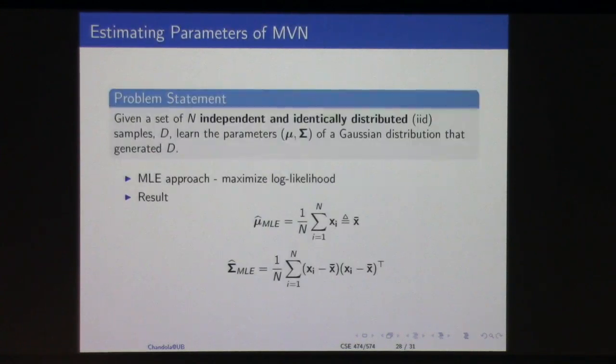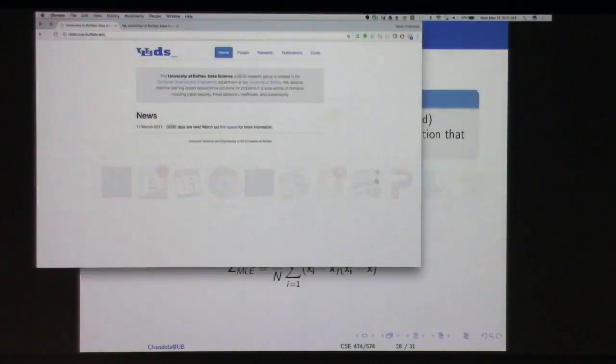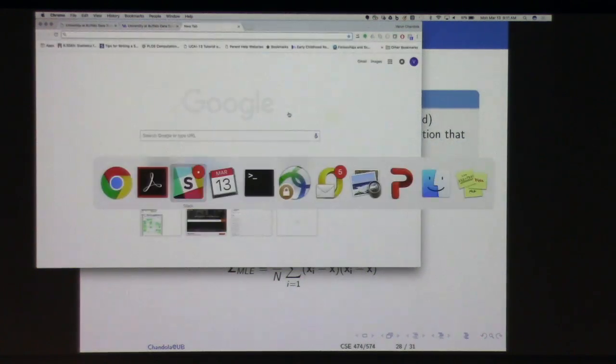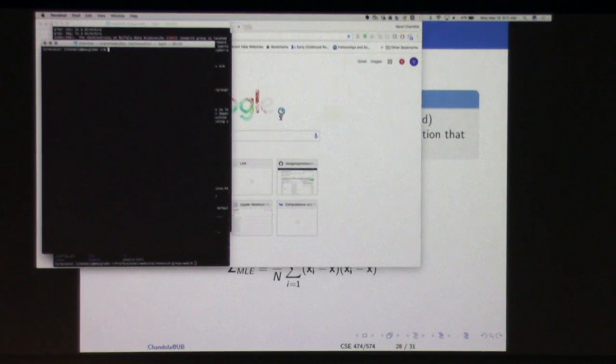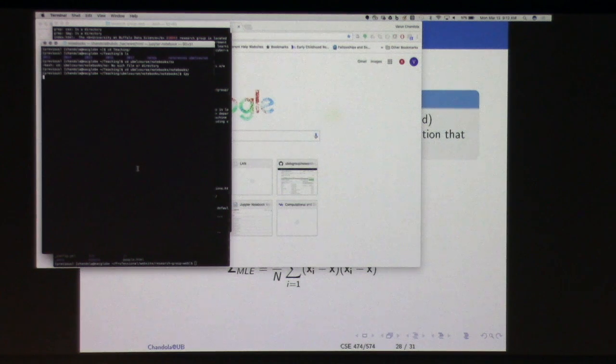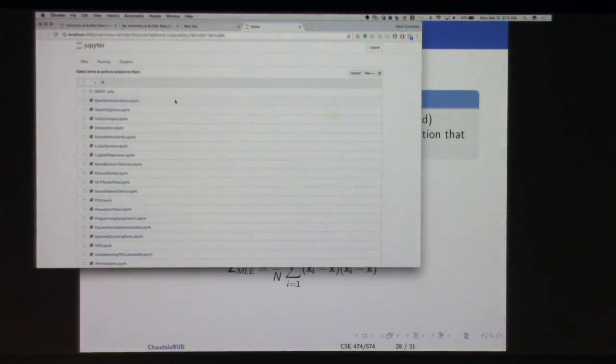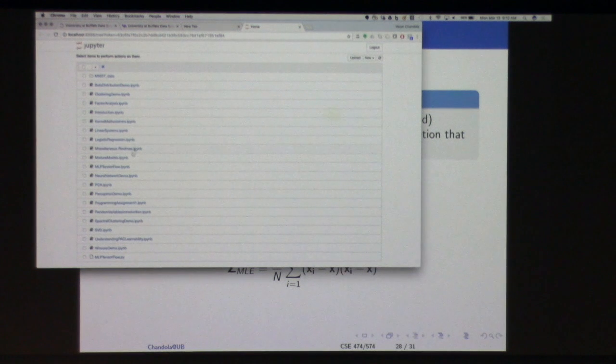In fact, I don't think I showed you this particular notebook. There's one notebook that I typically show in the beginning about probabilistic models.